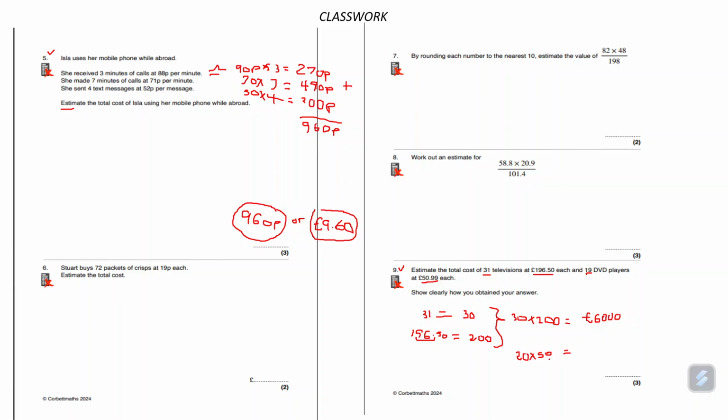So that will be 50 times 20, which gives us 1,000. Remember the question says estimate the total cost. So you add them both. So your final answer becomes 7,000 pounds.